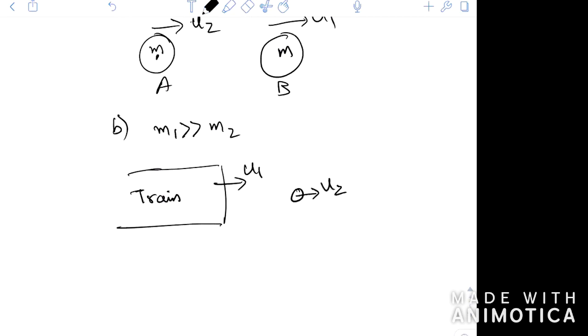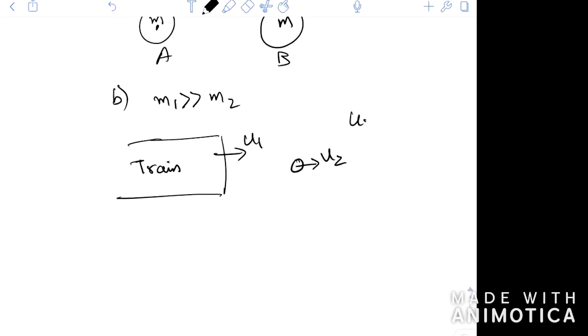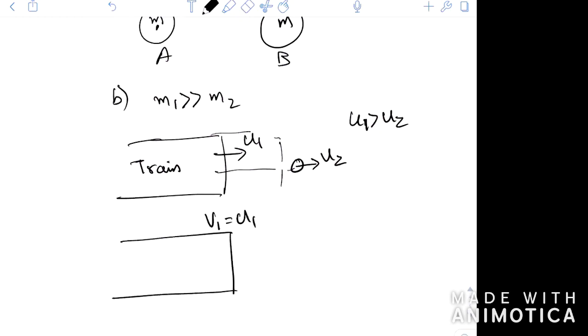Okay, so u1 is greater than u2. So here what will happen? Upon collision with the train, you can understand that the velocity of the train will not change. So the final velocity of the train will be the same as the initial velocity of the train.